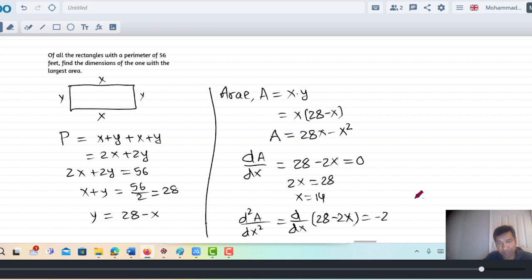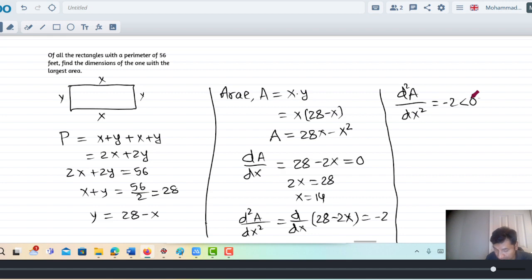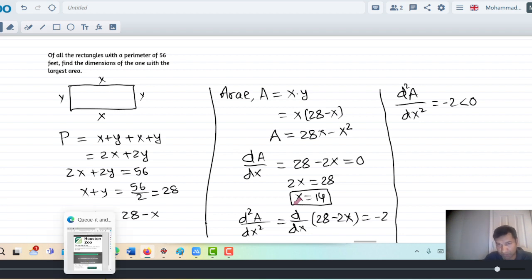Since the second derivative is negative, the critical number x equals 14 gives d squared A over dx squared equal to negative 2, which is less than 0. So our critical number x equals 14 is a maximum. So x equals 14 provides the maximum area of the rectangle.